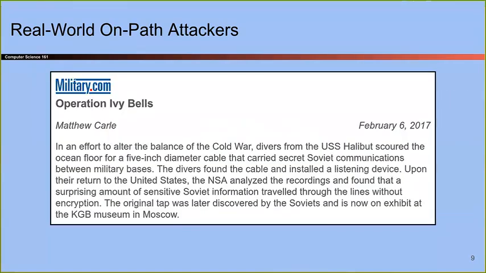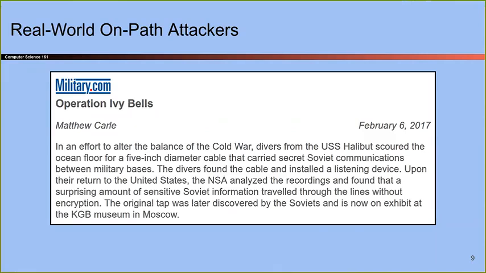Here's another example of a layer 1 attack. This one's kind of funny. In the Cold War, there are cables under the ocean. Part of the way that messages are carried across oceans is these long cables that are sunk to the bottom of the ocean, and a lot of bits move through them.